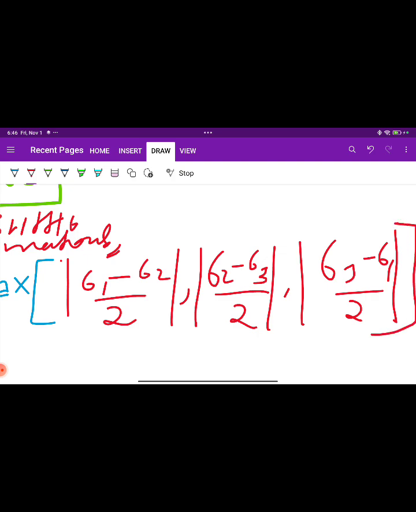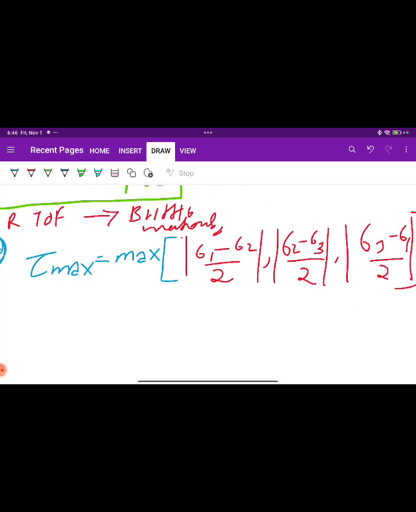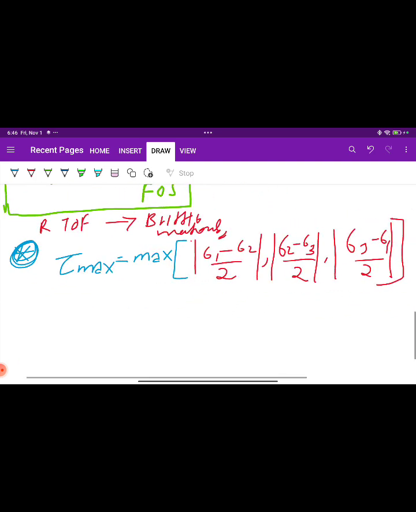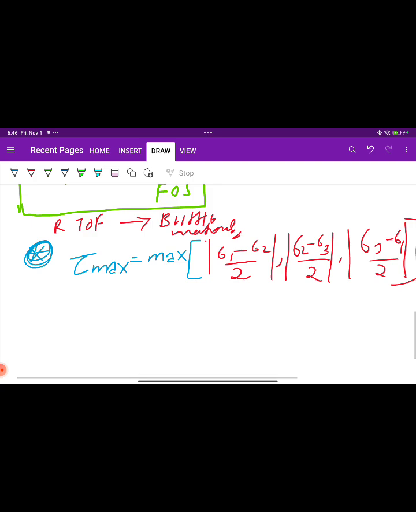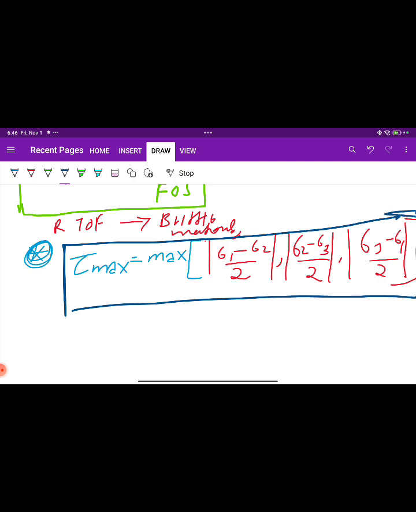The maximum of these three in magnitude will be equal to tau max. This is the criterion for the Guest theory of failure. You need to remember this formula. This is the basic formula for Tresca and Guest theory of failure.